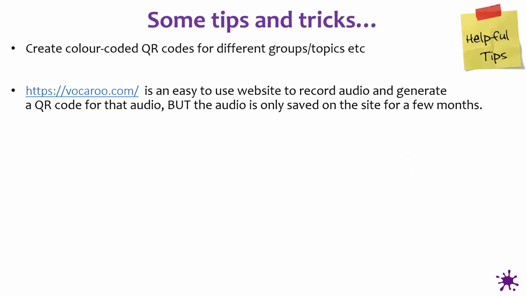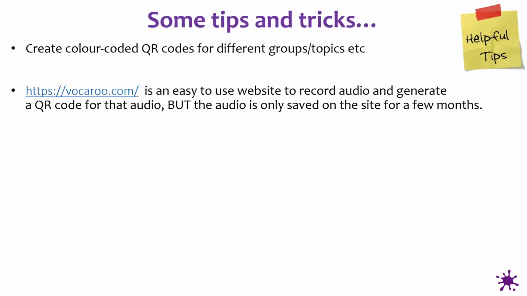I talked to you a bit before about Vockaroo. It's good and it's really simple to use. The only problem is the audio is only saved on site for a few months. So it's good for students because you might not want to keep their work forever. But if you wanted to make an activity on Vockaroo, you might not be able to use it next year.